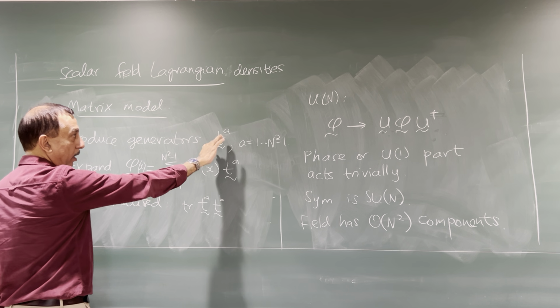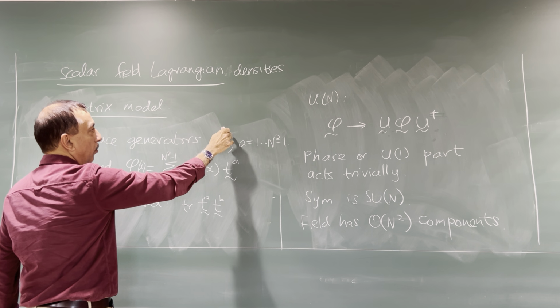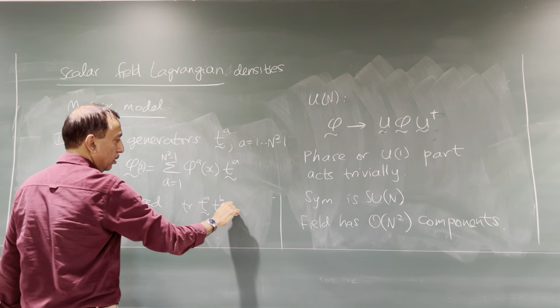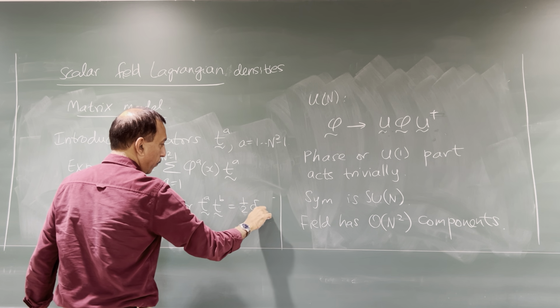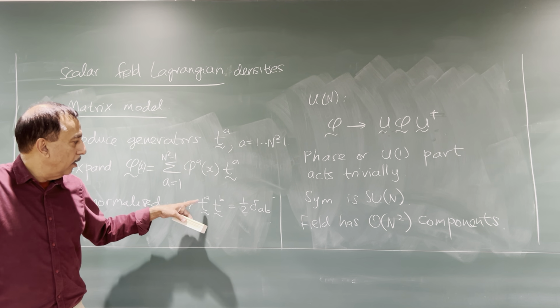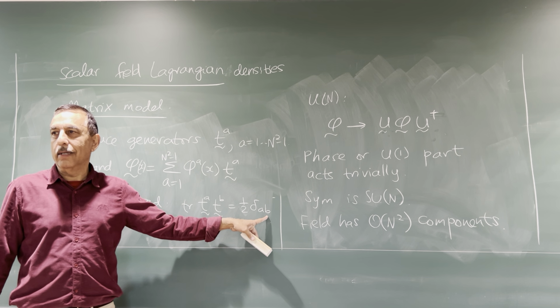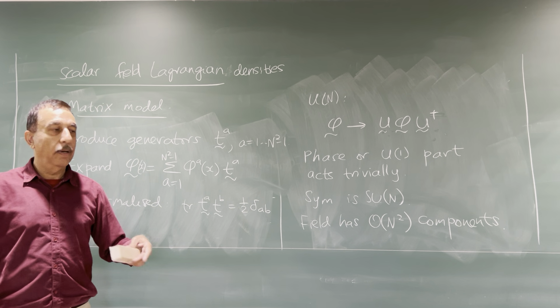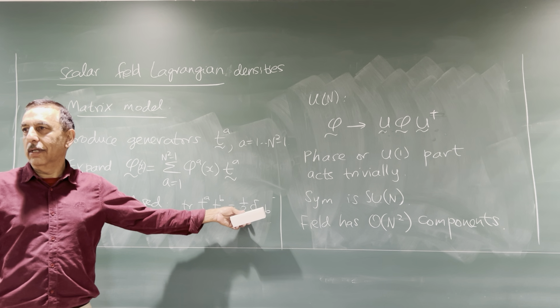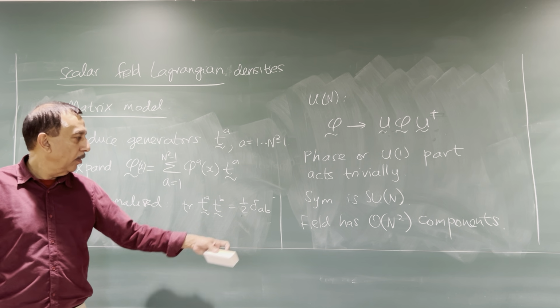This is in the fundamental representation. So they are n cross n matrices, and A goes over this, and we choose this to be a half delta^AB. It's easy to show that one can choose these T's such that trace of T^A T^B is proportional to delta^AB by some scalings of the algebra, and then the half I can just choose. I can also choose 2 or 10 or anything I feel like.